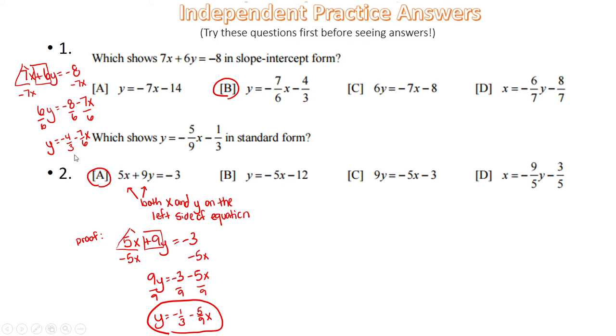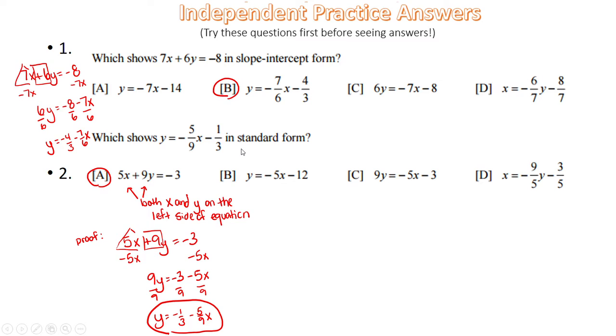If I divide everything by 6, the -8 divided by 6 actually turns into -4/3 after I hit math and enter. It's because these both reduce by 2. But the -7/6 doesn't reduce, and that's it. And this matches with B because they keep the same coefficient in front of x, and they just swap the order and the same y-intercept.